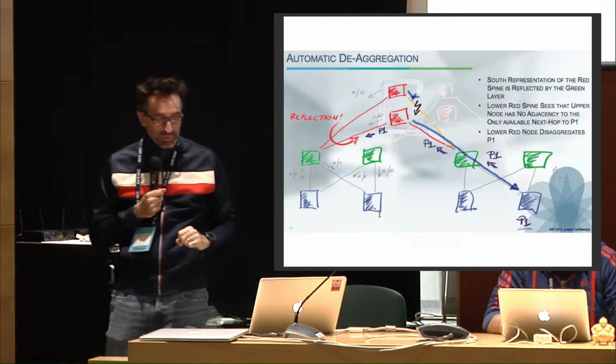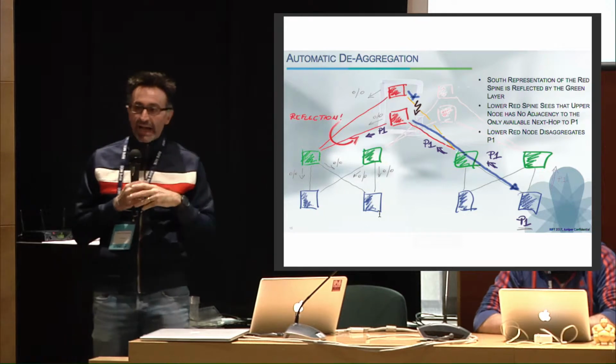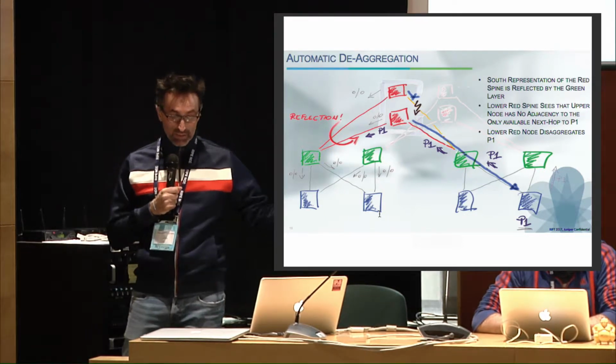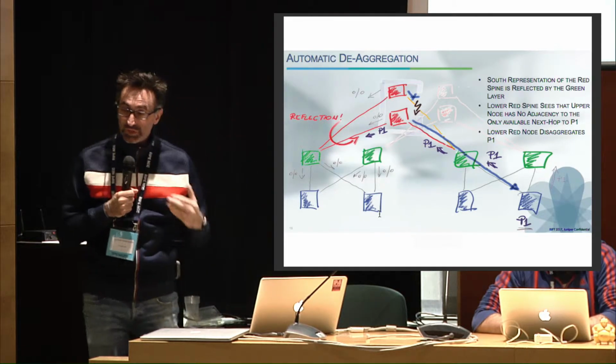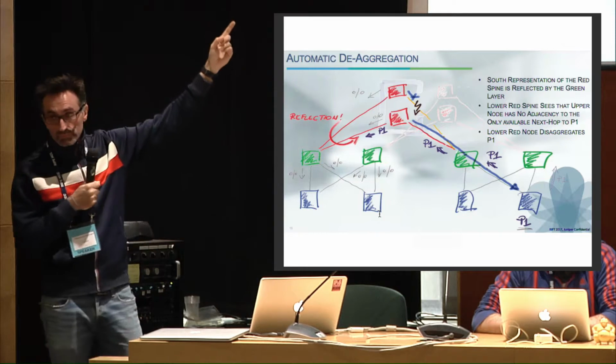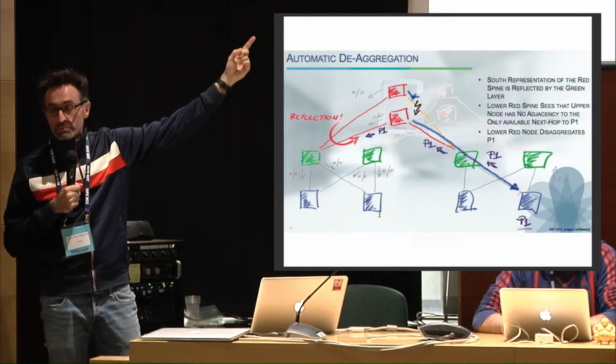Because of how TIEs are flooded, and because RIFT behaves as a link state protocol in the north direction, P1 will reach also the supercore level, the superspine level.